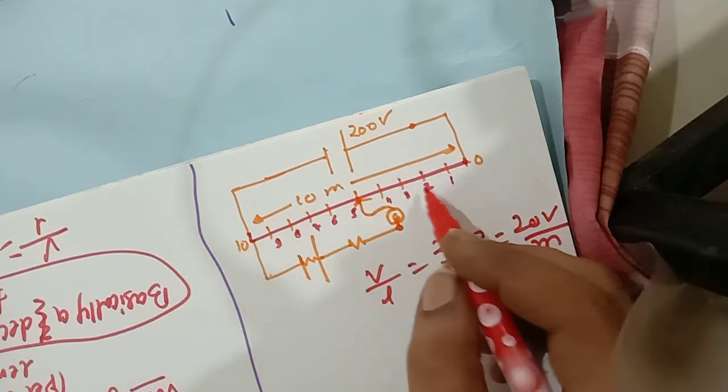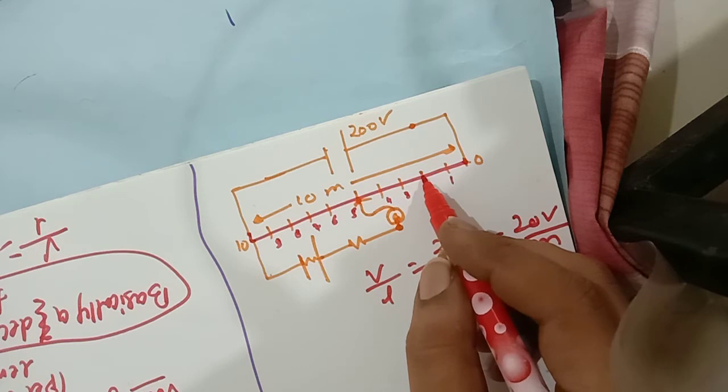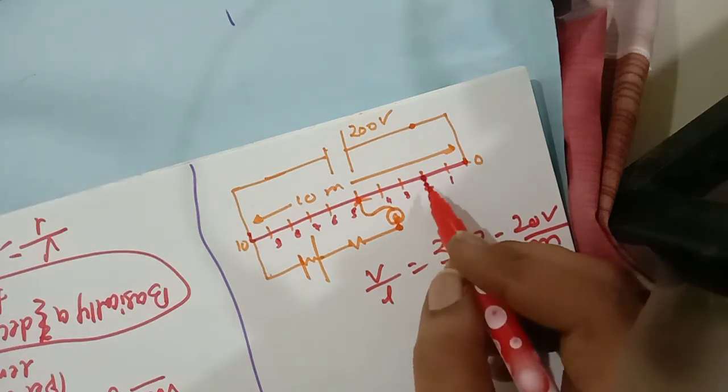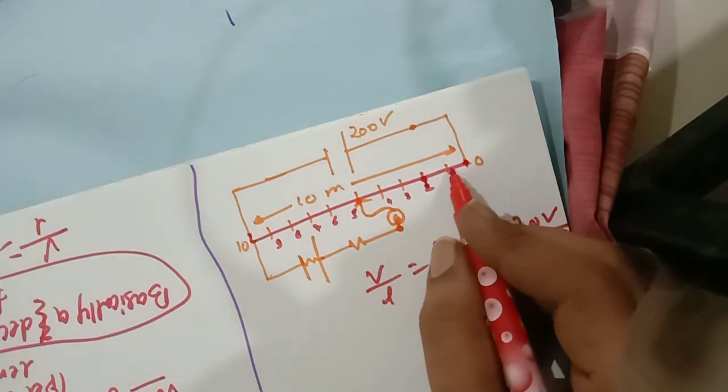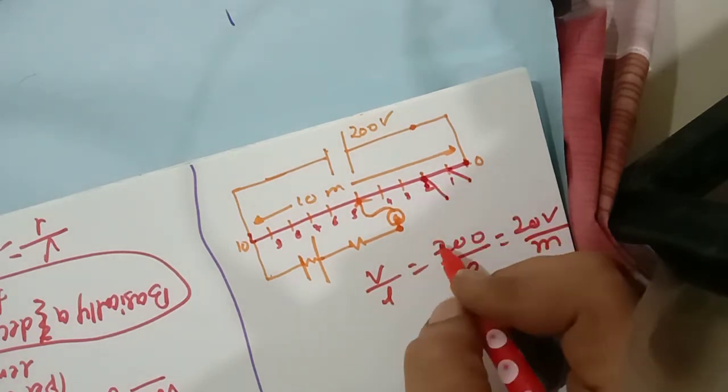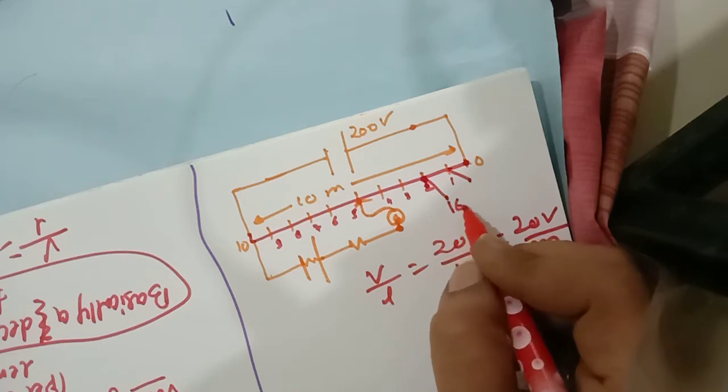So how much voltage is there at the second point? If it is 200, it is 180, then 160.